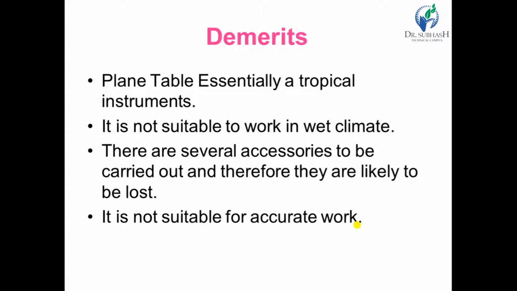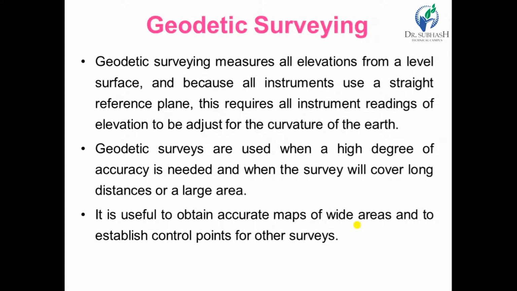It is not an accurate instrument, but it is useful for general rough map preparation and topographical map surveys. It is not suitable for work in wet climate, like during the rainy season. Plane table surveying is also not adaptable when we have to prepare a map of the topography or other topographical features.